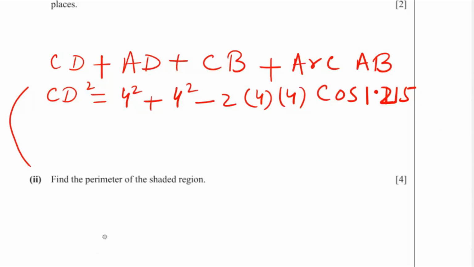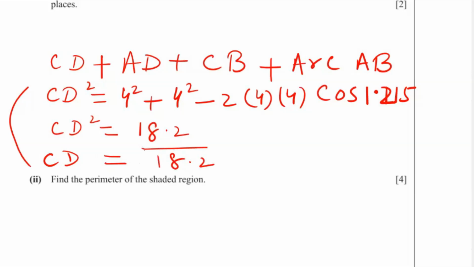Use your calculator to find the final answer. CD square is equal to, but your calculator must be in radian mode, 18.2. So CD must be the square root of 18.2. The answer is 4.266. So CD is 4.266.